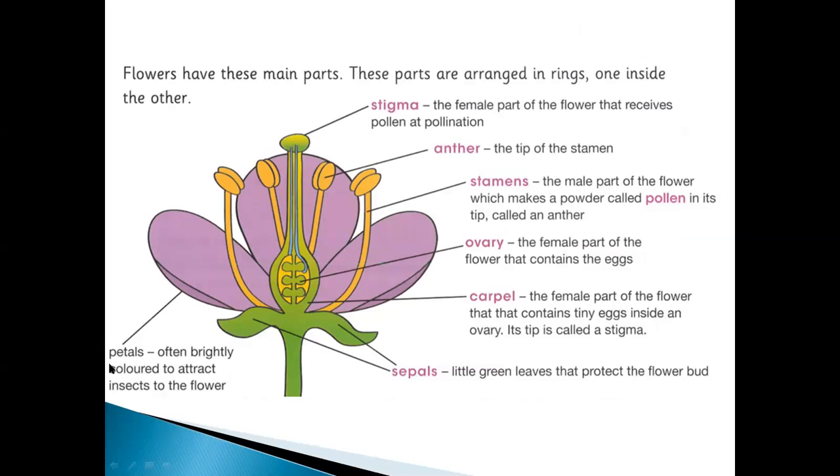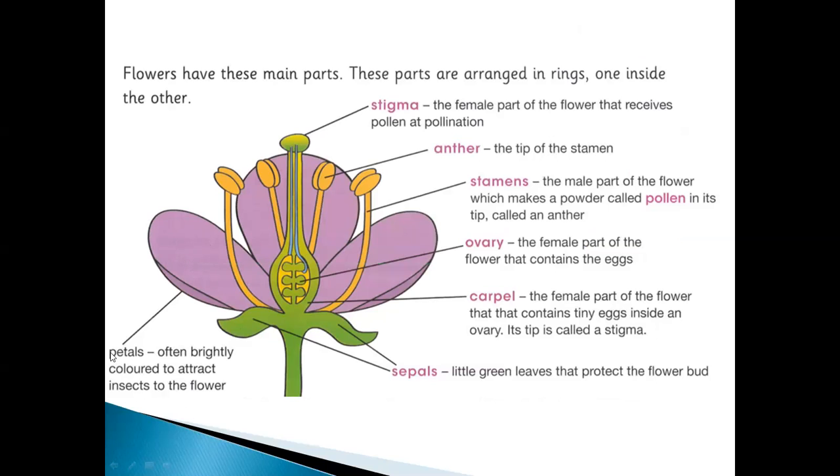Here the parts are given. Petals are often brightly colored to attract the insects. That's why all these flower parts are brightly colored, because the flower wants to attract insects, so insects come to it easily.